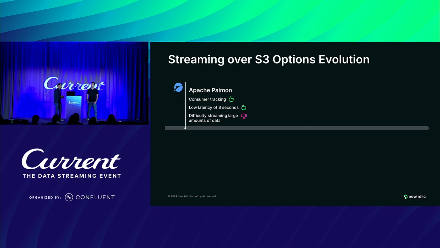And for any reason, if the job restarts, the consumer is able to go back to that bookmark and start exactly from that point. So that is very good for us, which means that we don't have to rely on Flink's state. Whenever you upgrade your jobs, you can start with a clean state, and Paimon will remember where exactly we are and start streaming from there.